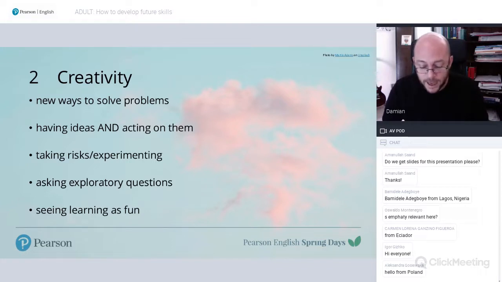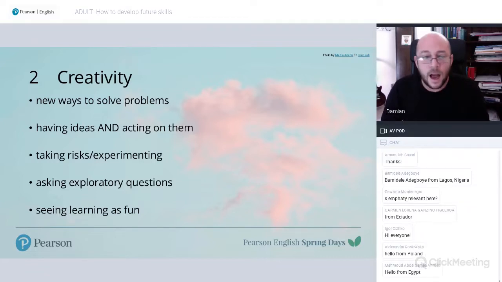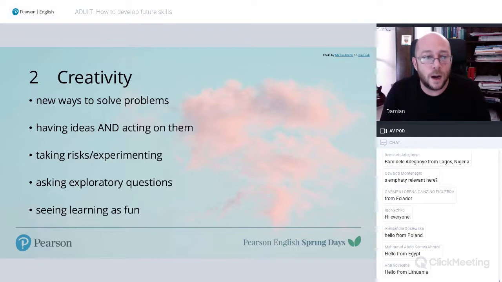So it's being able to think on your own two feet in order to come up with solutions. And obviously a big part of the future work world is going to be automation. A lot of people will find jobs being automated. But this is one area where we really separate ourselves from automation as humans. And these are therefore going to be the important skills.